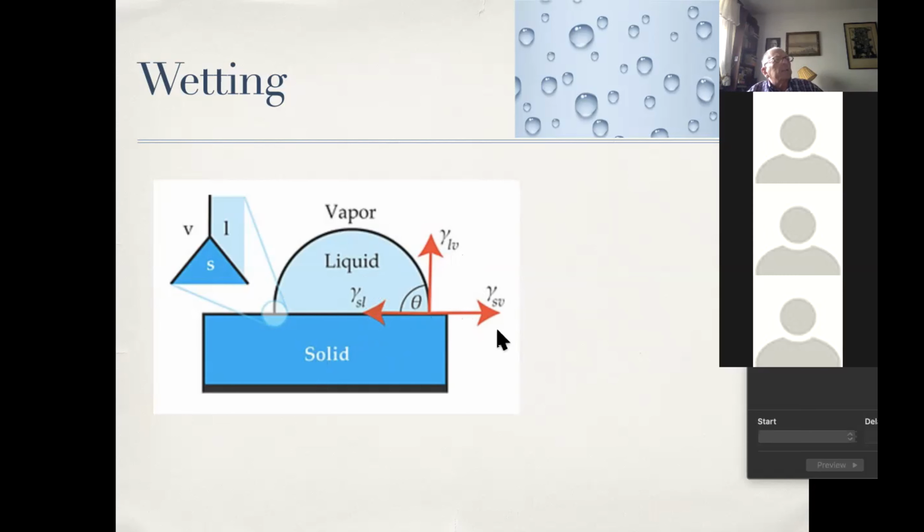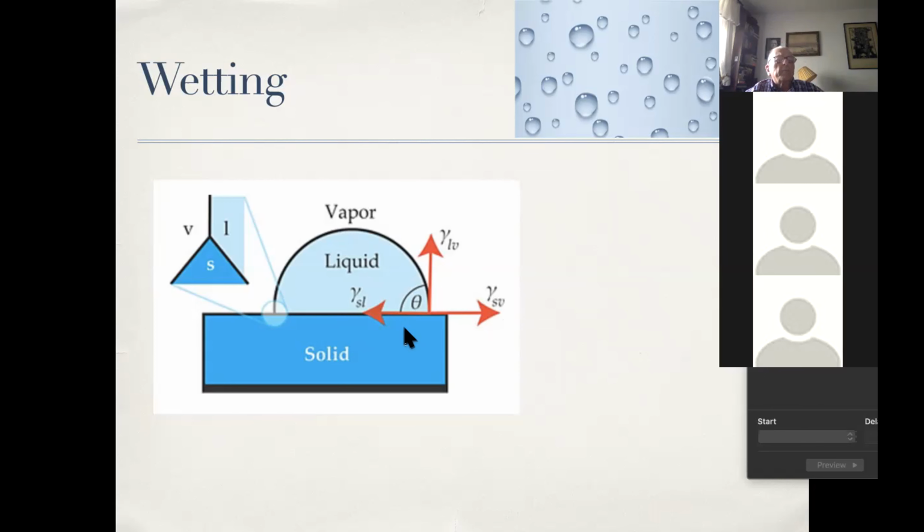And the third is something we usually tend to neglect. It's the interface between the vapor and the solid, and that is denoted by gamma SV. At the edge of the drop, when it's stationary, we have a balance of these three vector forces.